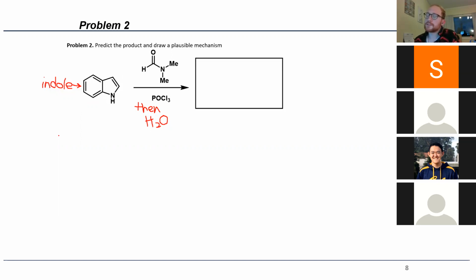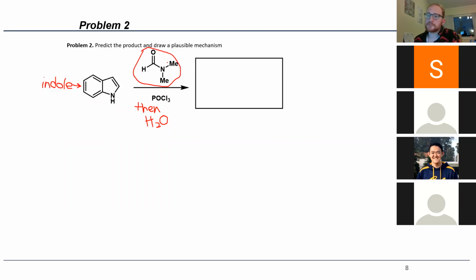But to continue, the Vilsmeier-Haack reaction involves generating an activated electrophile and then using our aromatic ring as the nucleophile to attack that electrophile. And so here we have our reagent DMF, dimethylformamide. This is DMF.